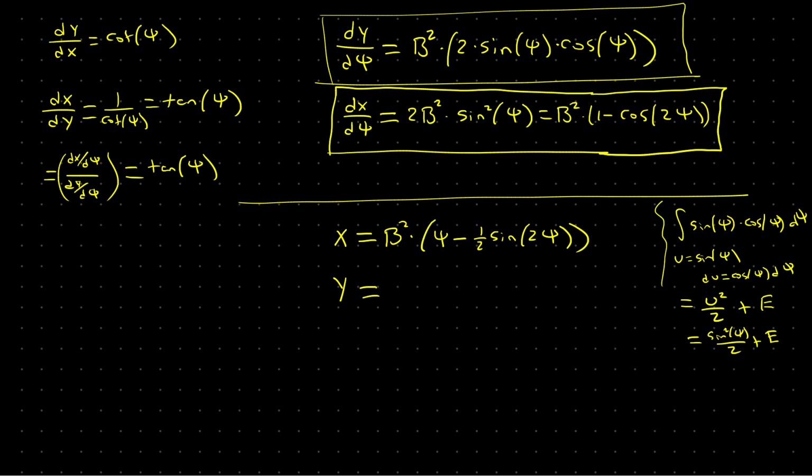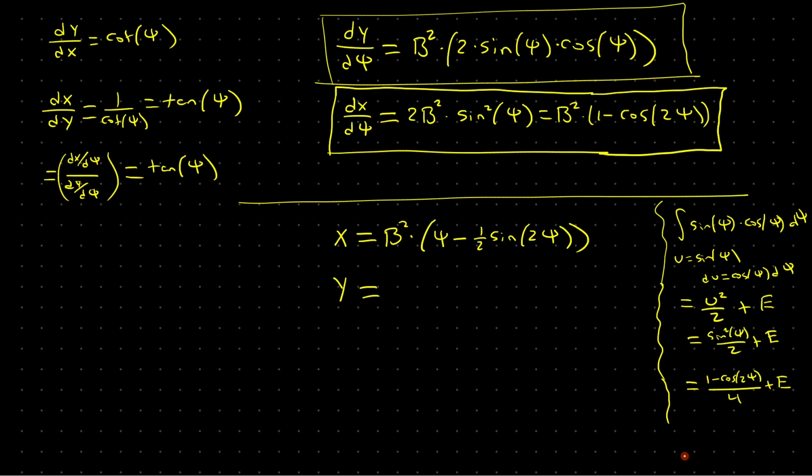Again, to simplify what we're writing down, we can use the double angle formula. Sine squared is 1 minus cosine of 2 psi over 2. So this will be 1 minus cosine of 2 psi over 2, over 2 is over 4, plus e.